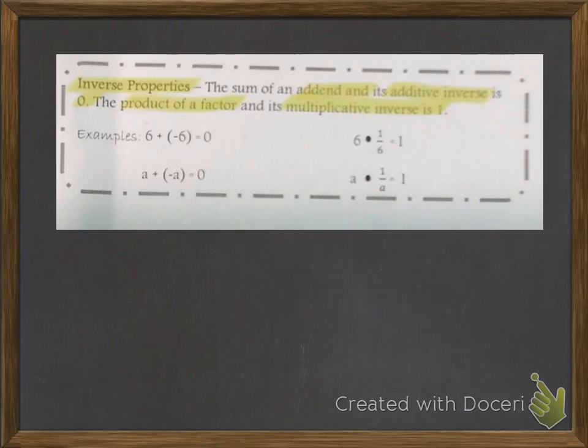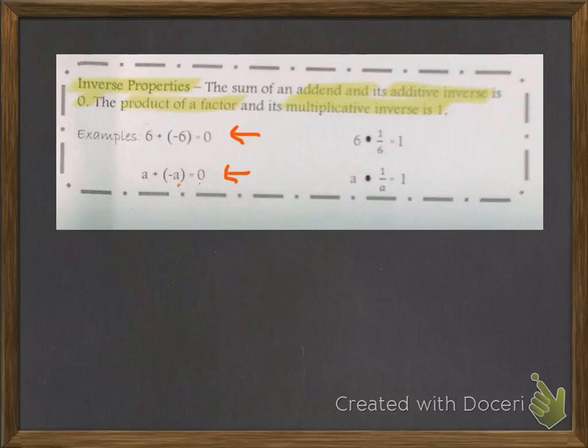So 6 plus a negative 6 will always equal 0. That's what that states. Therefore, the rule in our variable is that a positive variable A combined with the negative variable A will always equal 0. Those are using the same numbers. It's positive and its inverse.